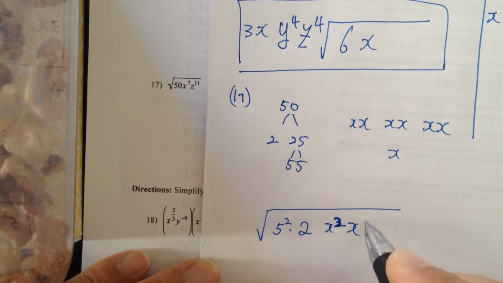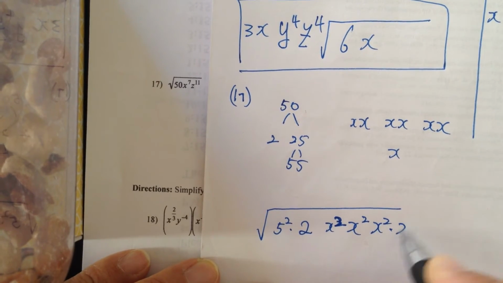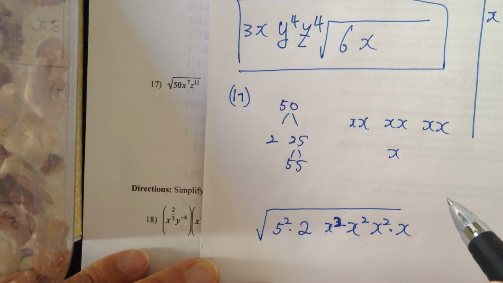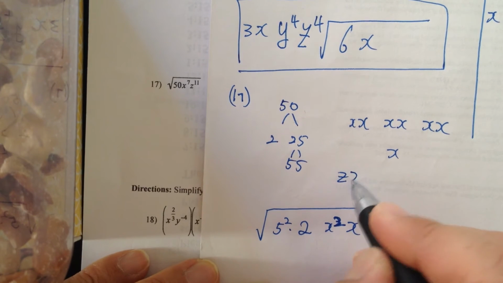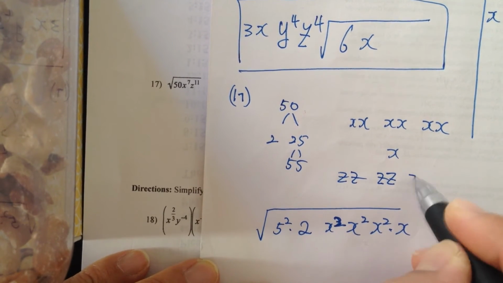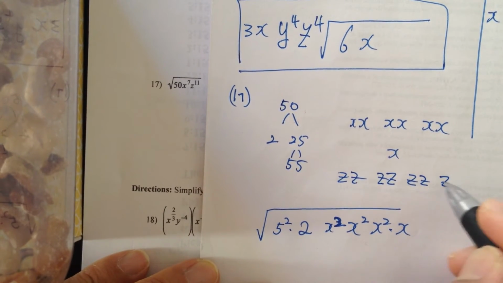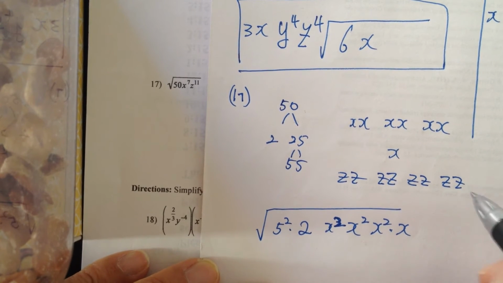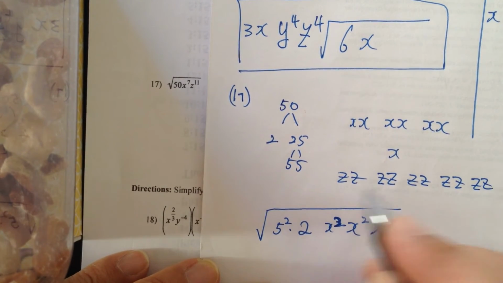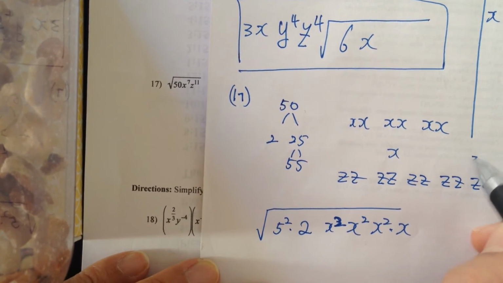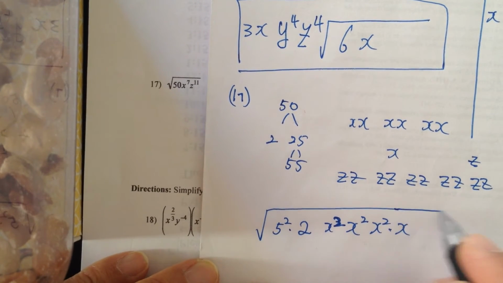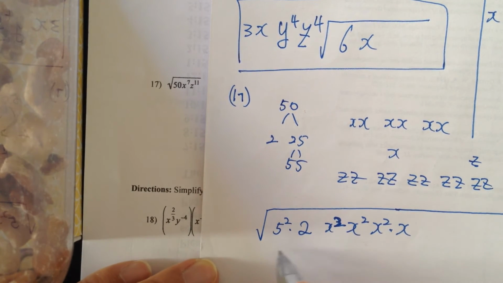Oops. And z to the 11, you know we have 11 z's, and out of 11 z's we can make a group of 2. 5 of them. Okay. So I could go on, well, I'll put it underneath.